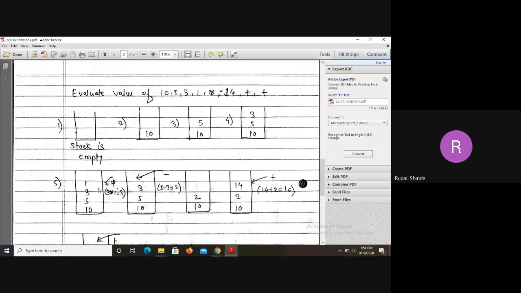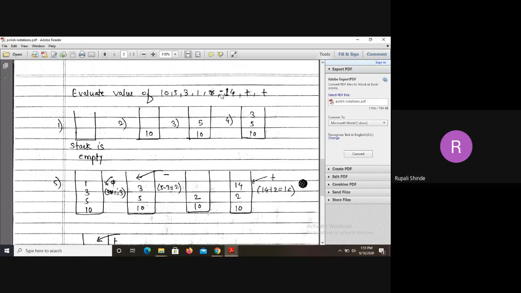So 3 into 1, that is the correct sequence. 3 into 1 is 3. Whatever result we got, we have to push it onto the stack. So 5, 10 are present in the stack, and after the multiplication we got the result 3, and that result we have pushed onto the stack. Now the contents of the stack are 3, 5 and 10.